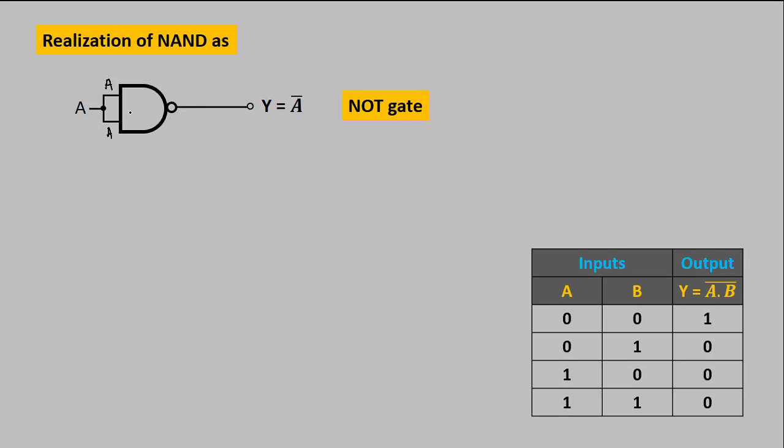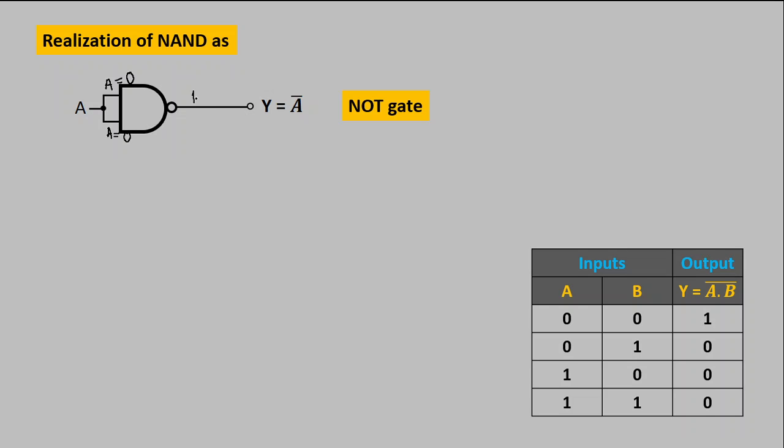Now when you consider the NAND gate, it has these four different combinations. Out of this, if I consider A equal to 0, then the other input will obviously also be 0. That means this NAND gate is going to receive the inputs 0 and 0. Now if a NAND gate receives inputs 0 and 0, the output will be 1.